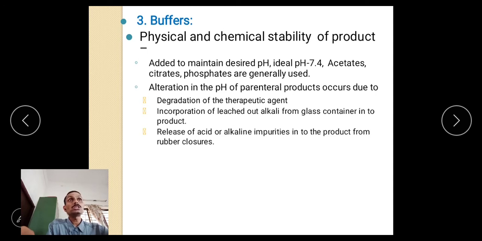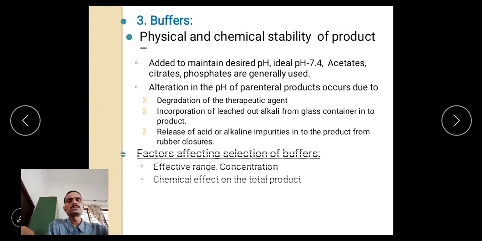If any such material is released, or the therapeutic agent degrades, there is a change in the pH, and it may harm the product. To prevent that, we use buffers.